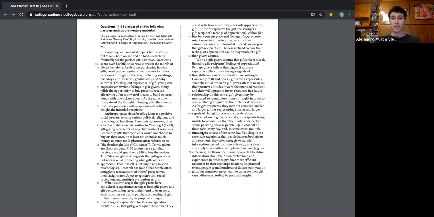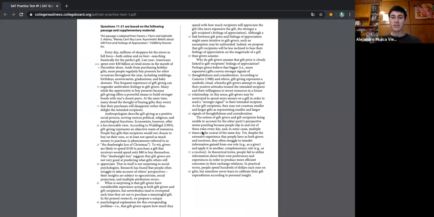As for gift recipients, they may not construe smaller and larger gifts as representing smaller and larger signals of thoughtfulness and consideration. The notion of gift givers and gift recipients being unable to account for the other party's perspective seems puzzling because people slip in and out of these roles every day, and in some cases multiple times in the course of the same day.